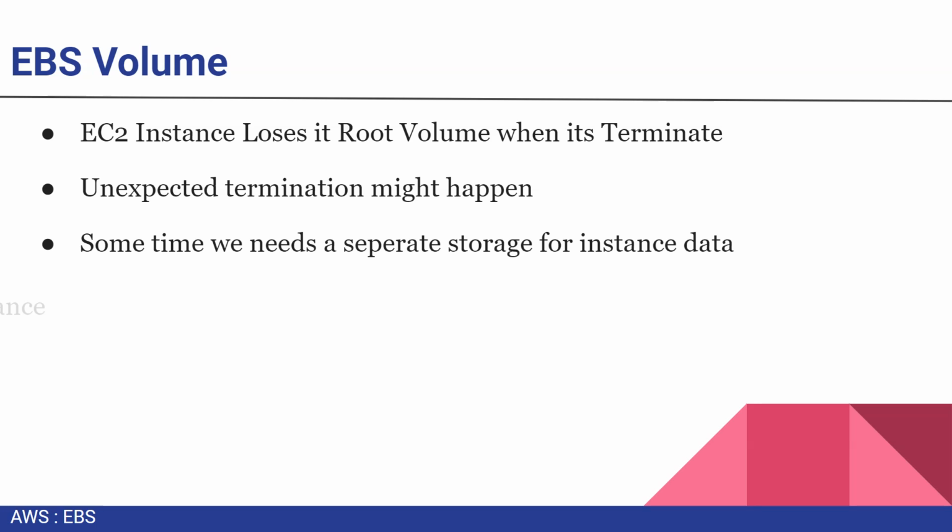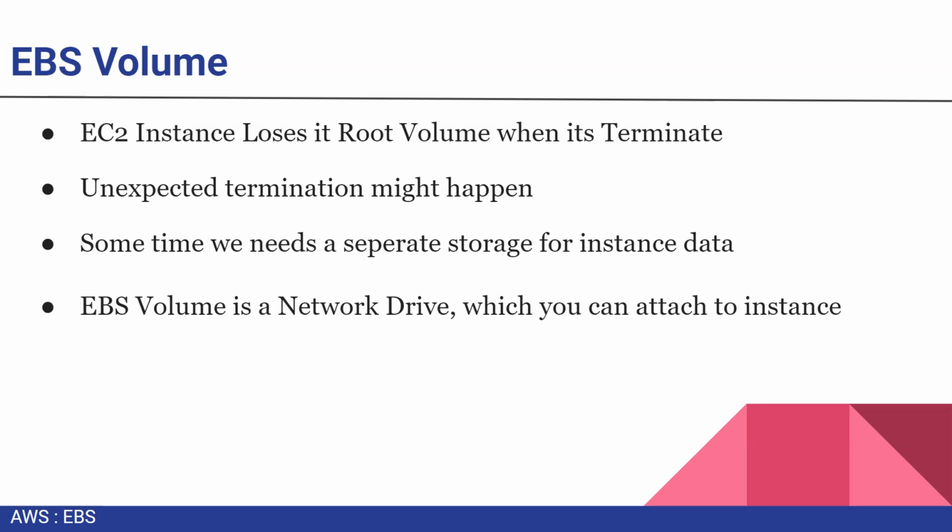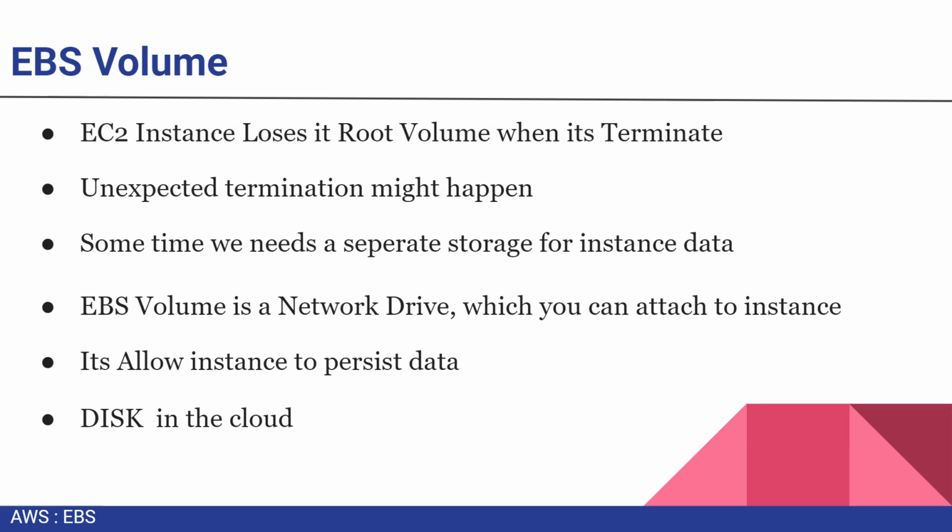An EBS volume is nothing but a network drive which you can attach to your instance. It allows your instance to persist data, as we discussed. Along with the root volume, you additionally attach an EBS volume located on the network, and your data will persist in the EBS volume. It's basically a disk in the cloud, simple.